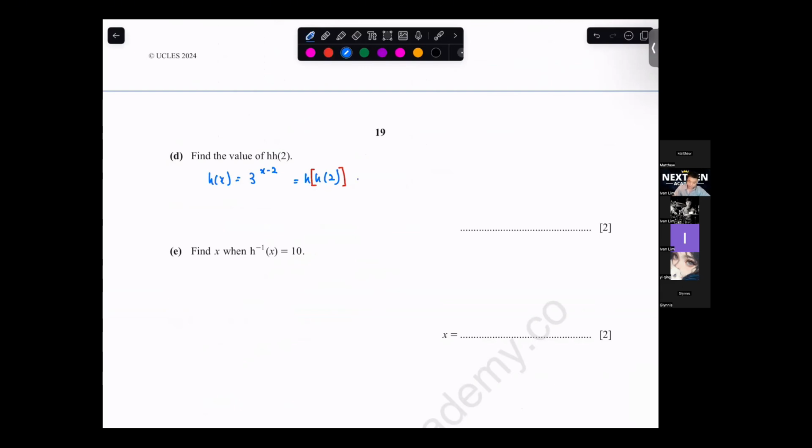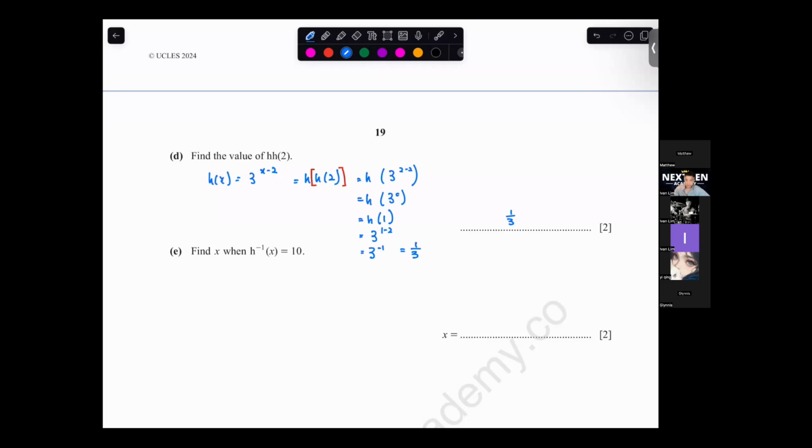It'll be easier this way. So first you get h(3 to the power of 2 minus 2), which is h(3 to the power of 0), which is h(1). Then we repeat the same thing again. What is h(1)? 3 to the power of 1 minus 2, which equals 3 to the power of negative 1, or 1 over 3.